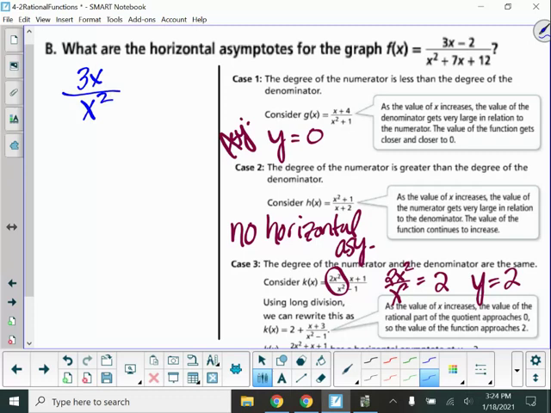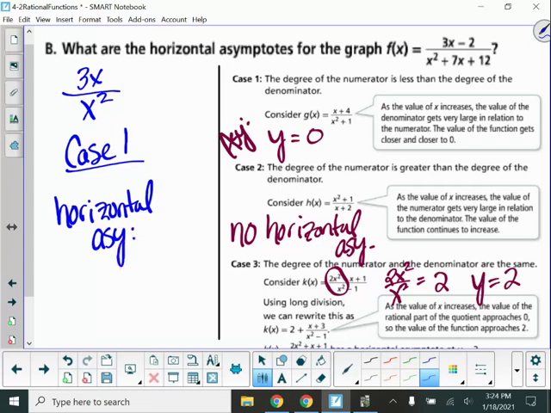My top exponent is smaller than my bottom exponent, which means this is a case 1 situation. And because it's case 1, my horizontal asymptote has to be at y equals 0. That's always going to be the case if the top exponent is smaller than the bottom.